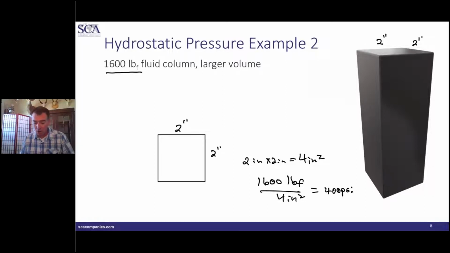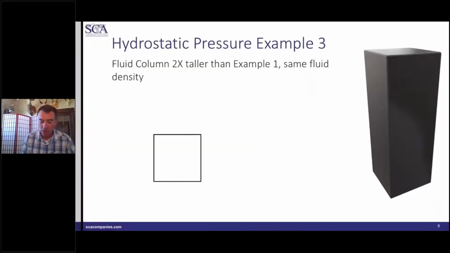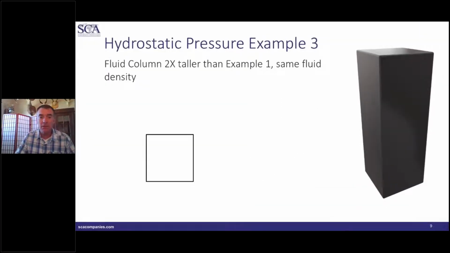So the point of this is that the pressure exerted by the fluid does not depend on the volume of fluid. It depends on the height of the fluid and the density of the fluid. So going back, showing that again, if I had a fluid column that's the same as example 1, but it was 2 times taller, let's say.